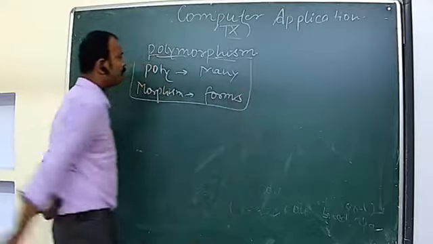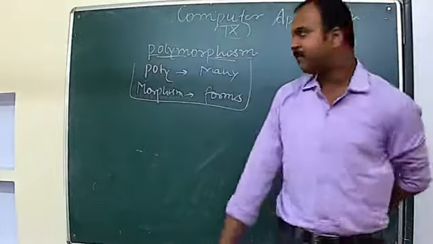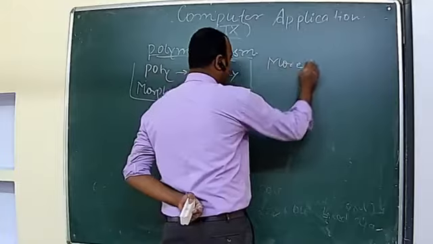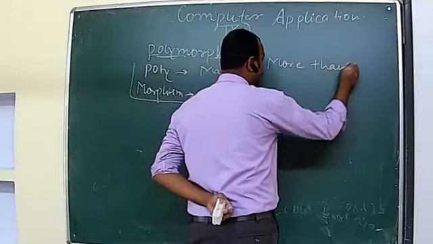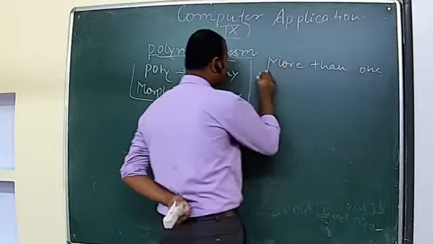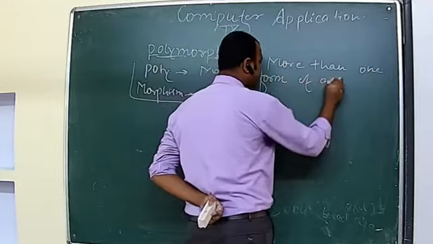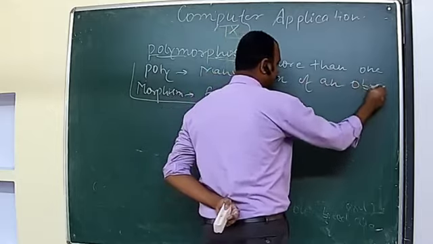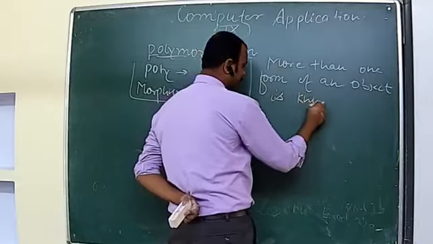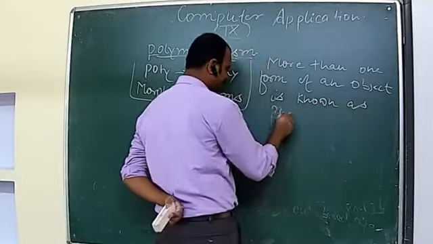So here we can say more than one form of an object is known as polymorphism.